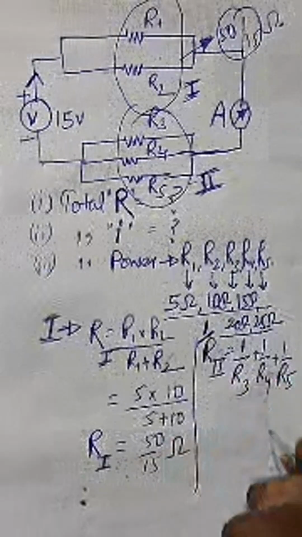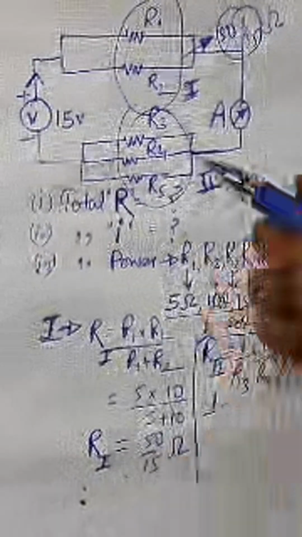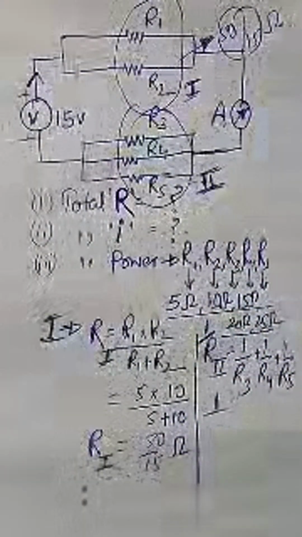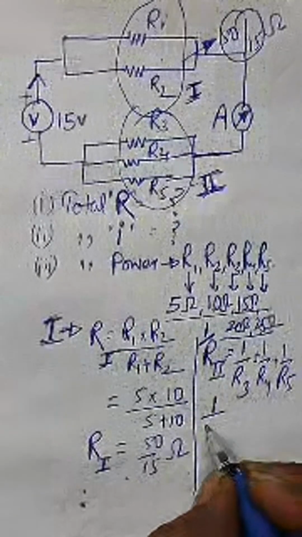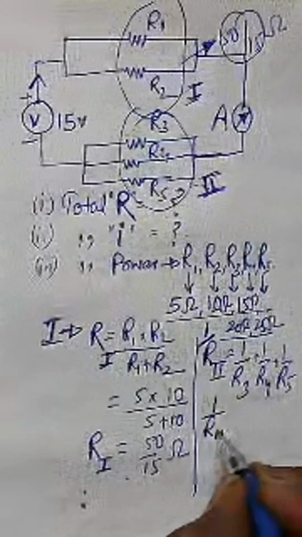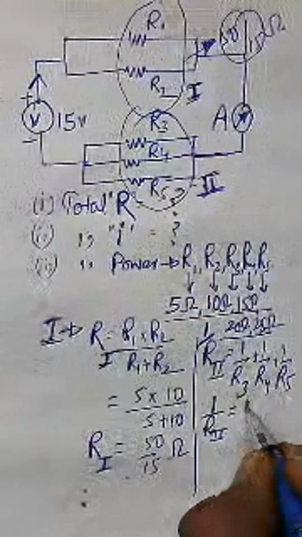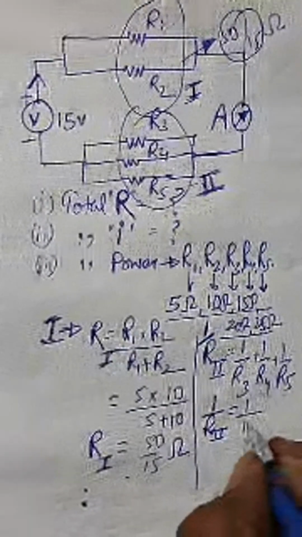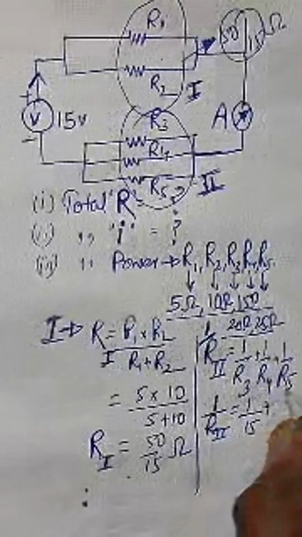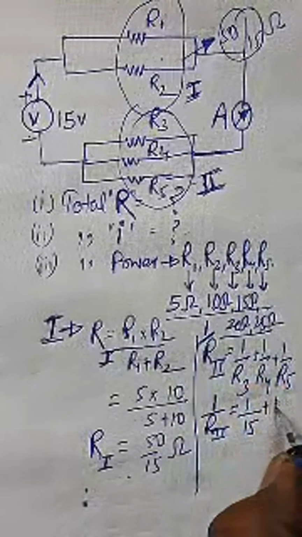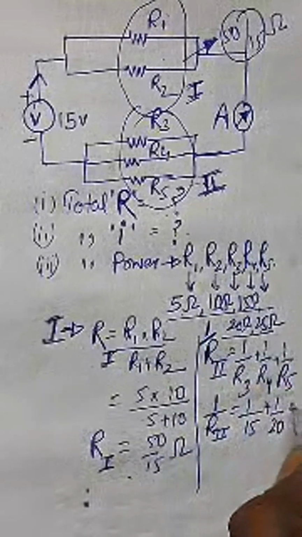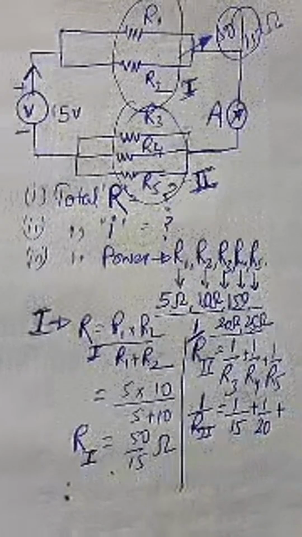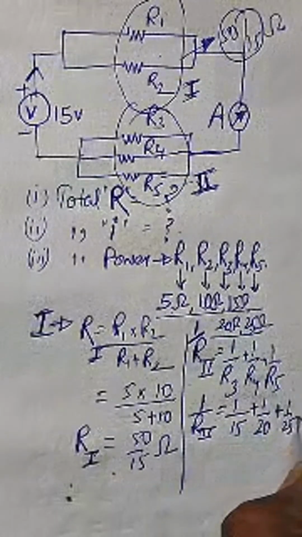So in this way, the equivalent resistance of this combination of R3, R4 and R5 can be calculated very easily by putting in the values. What are the values? 1 by R3, where R3 is 15 ohm, so it will become 1 by 15. R4 is 20 ohm, so it will become 1 by 20. And R5 is 25 ohm, so it will become 1 by 25.